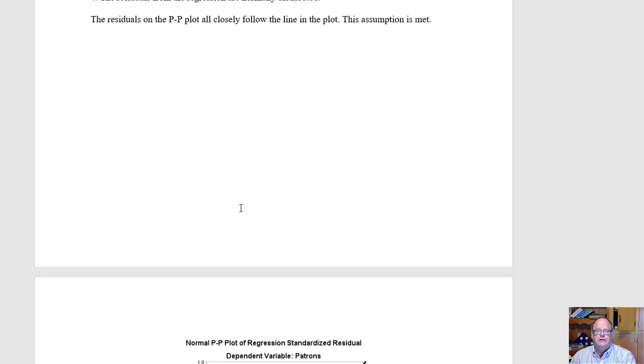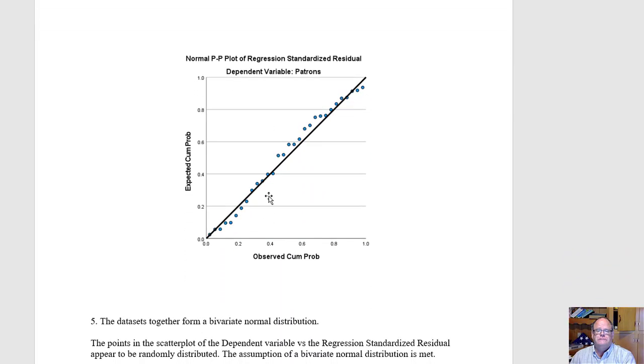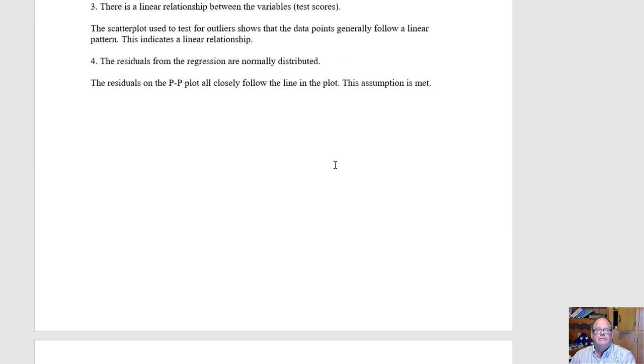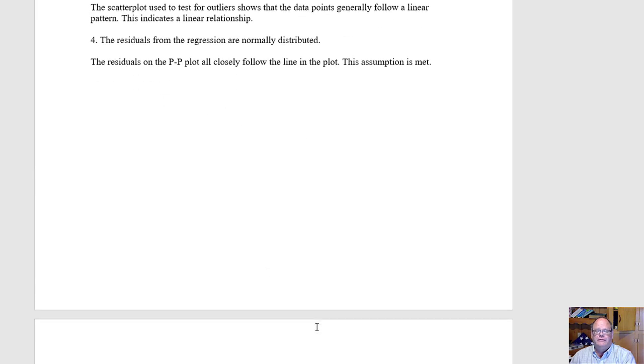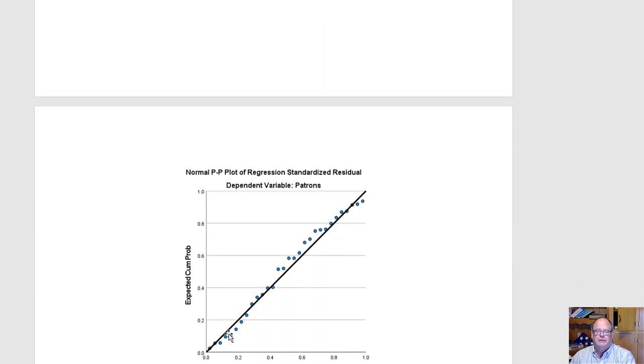This is going to be checked using what they call a normal P-P plot. The way that this works is if the residuals are normally distributed, these points should follow the line closely, and they obviously do. They follow it quite closely, so that worked.